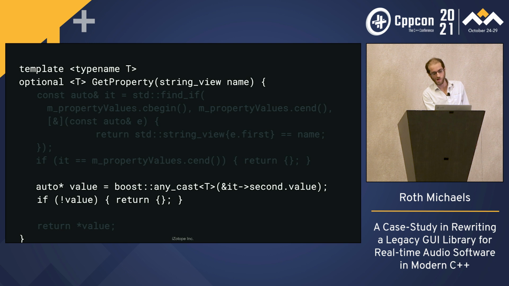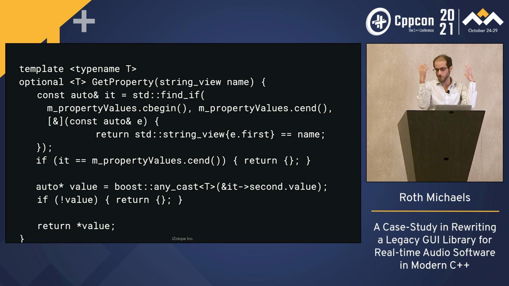Oh, this is leftover code because we're actually using boost any for historical reasons because we support some older Mac OS. But we use anycast to see, all right, is this value actually T? And if it's not, again, we return nothing. And if we made it that far, then we found the right name, it's the right type, we'll return the value to the valid optional. And set works the same way, where it will check the same two things before setting the value. We won't look at that example.